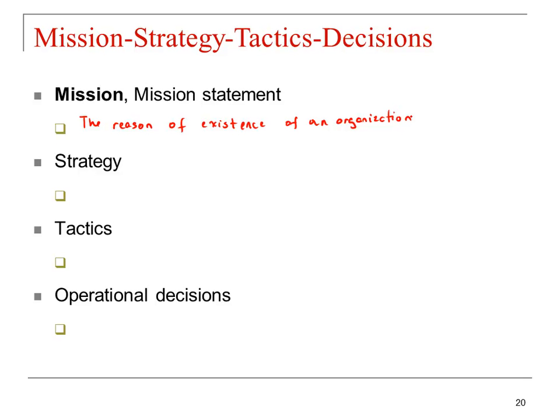So strategy basically will be a plan for achieving the organizational goals. Then the tactics, the actions taken to accomplish the strategies.